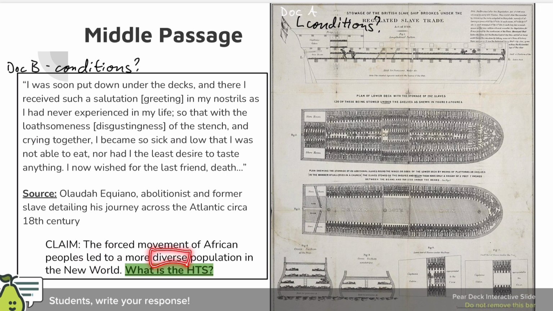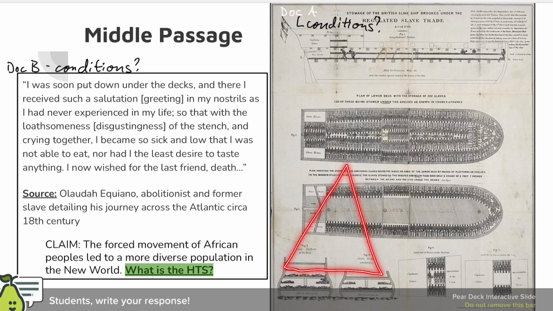Now, this claim also says this diaspora led to a more diverse population. So we're talking about population as in people. We're not talking about more diversity in language or more diversity in culture or religion or crops, right? We're talking about population of people. So when we talk about a population, okay, we are going to look at our triangle, our social hierarchy.